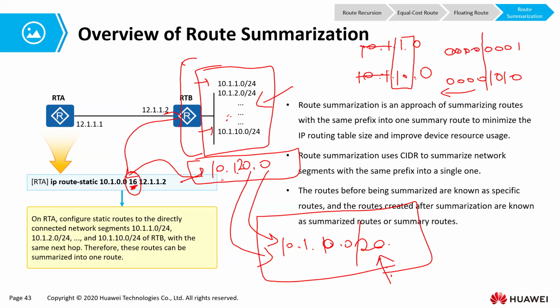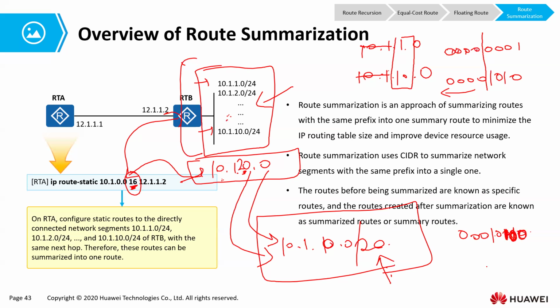What is 20? If I look at it, 20 is 16 plus 4, 0 0 0 1 0 1 0 0. So 16 plus 4 gives 20.